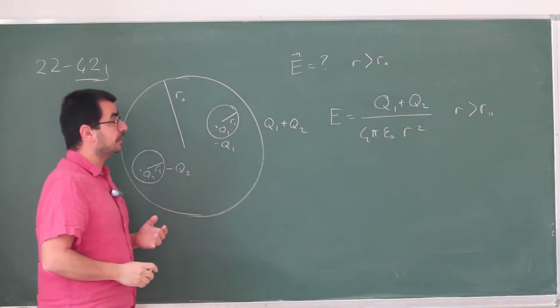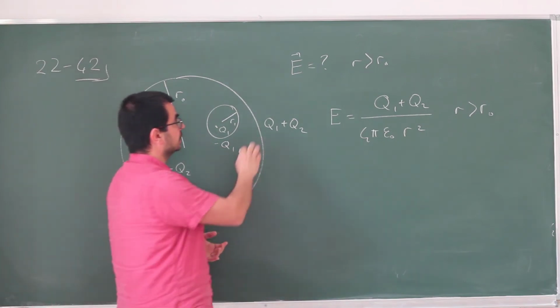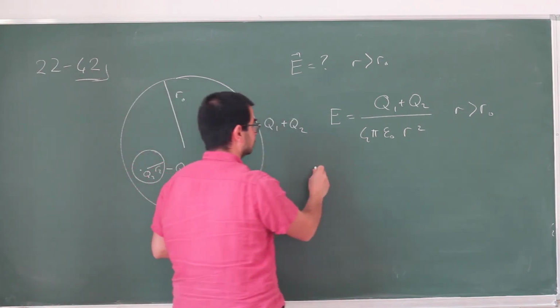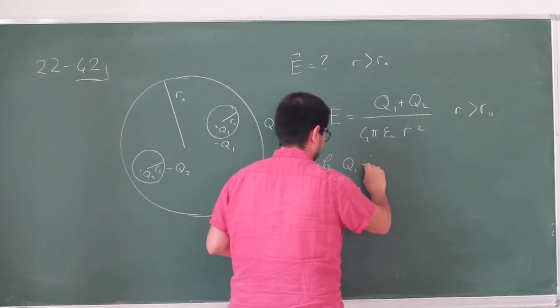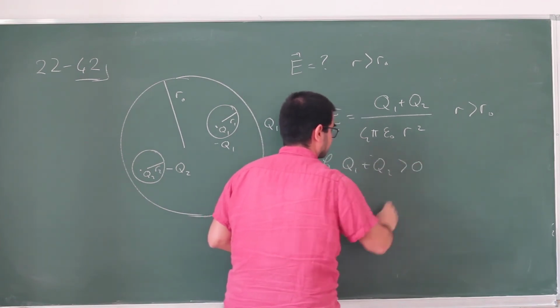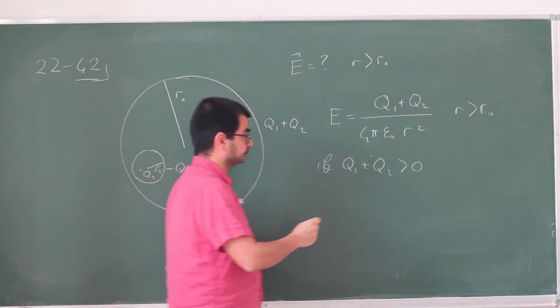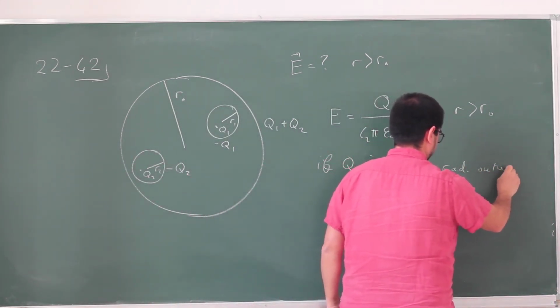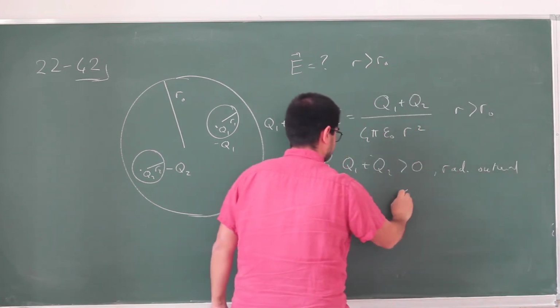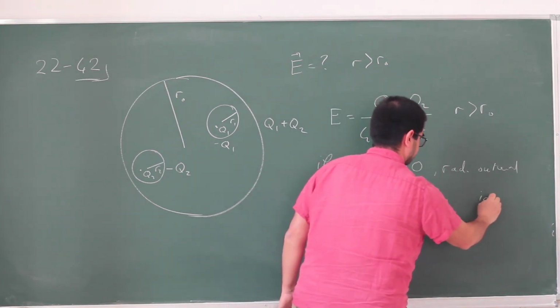They're asking for both the magnitude and direction, so if Q1 plus Q2 is larger than 0, then this is radially outward. And if it's less than 0, then this is going to be radially inward.